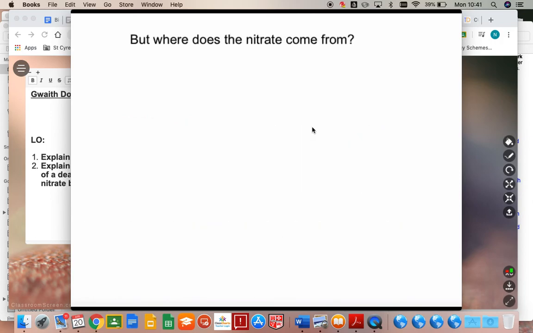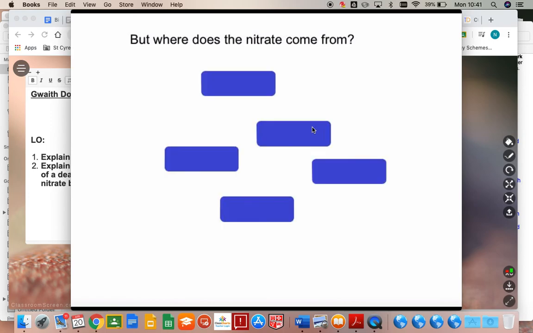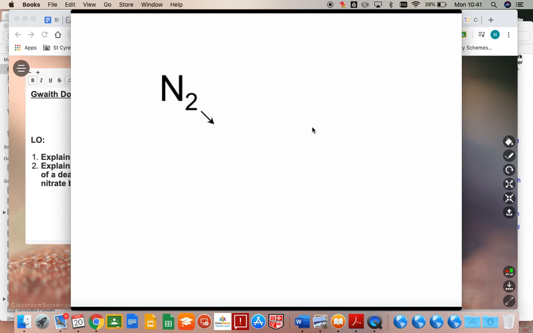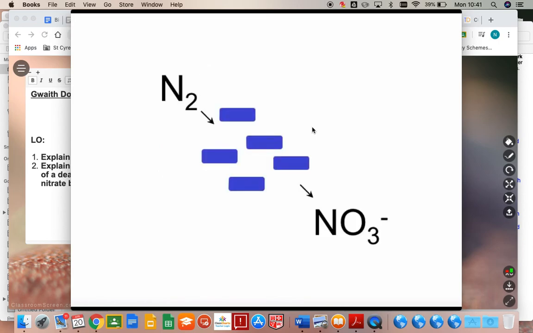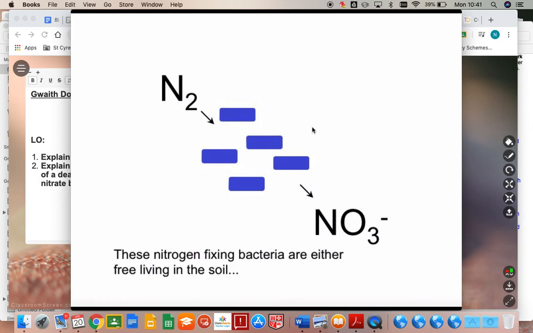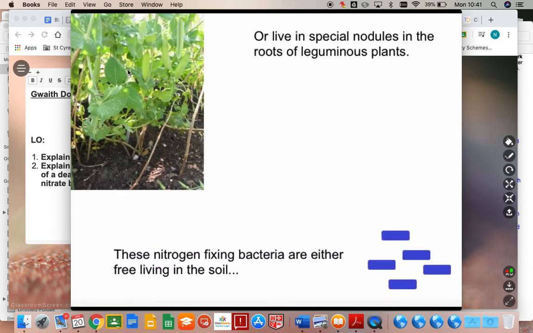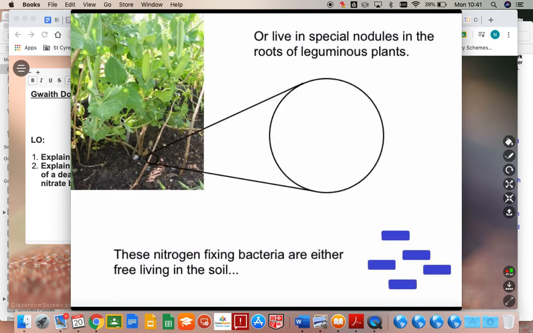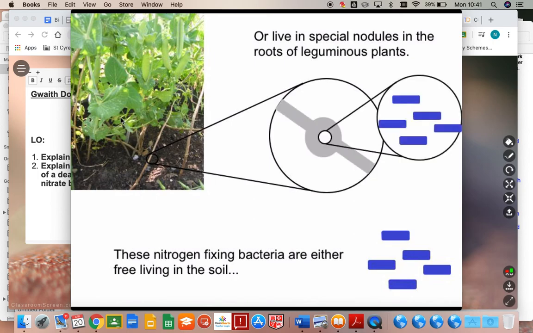So where does this nitrate come from? It comes from amazing bacteria called nitrogen-fixing bacteria, and they're able to take atmospheric nitrogen and, with a bit of magic, make nitrates with it. They've got some incredible enzymes. These bacteria either live in the soil, or some of them are so valuable that they live in plants. These are some peas from my garden, what we call legume plants. They have little nodules on their roots, and they provide a home for the bacteria.